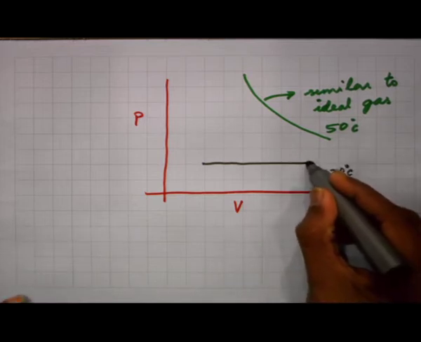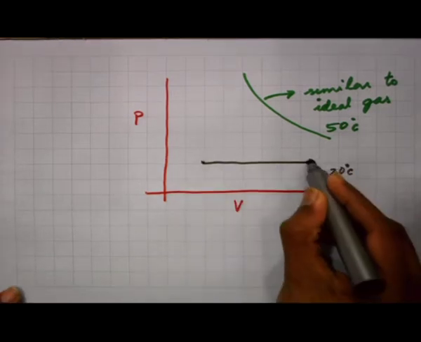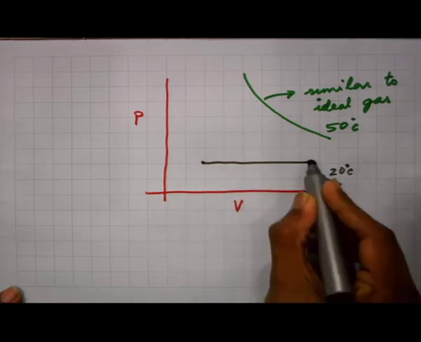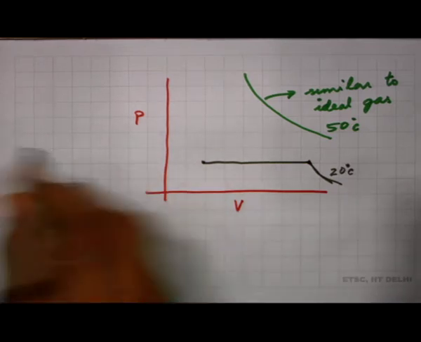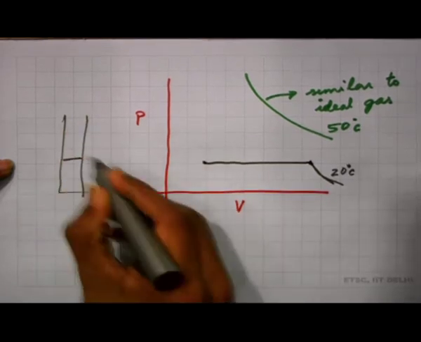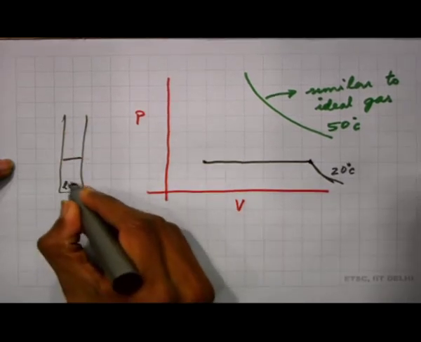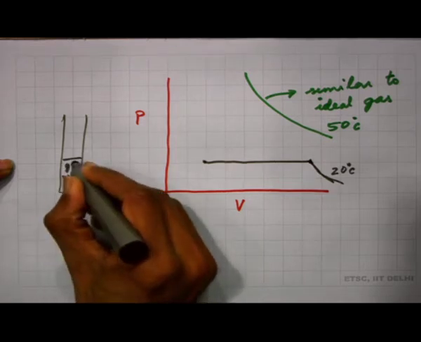So, this is the point when liquid carbon dioxide first forms, and in this region you have liquid and gaseous carbon dioxide coexisting in your capillary. So, you have liquid CO2 and on top of this gaseous CO2.